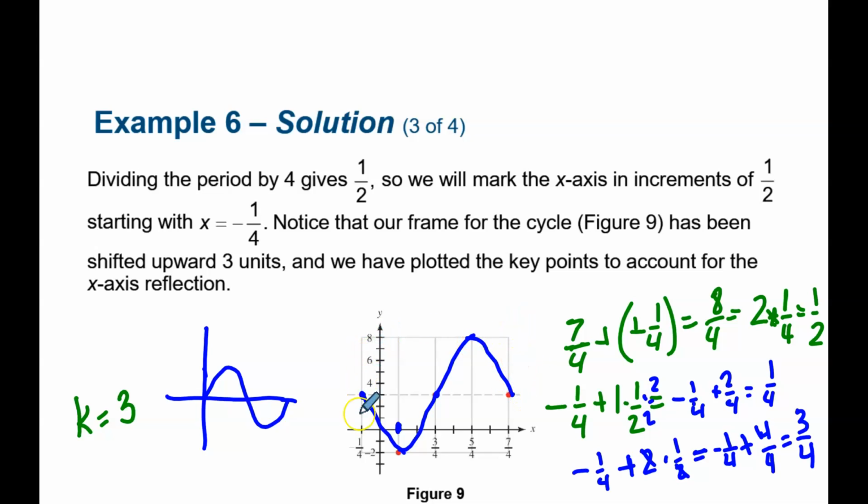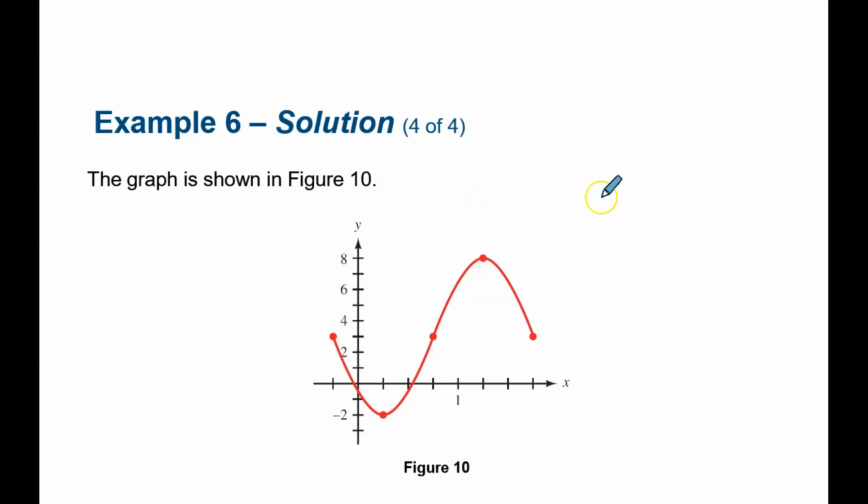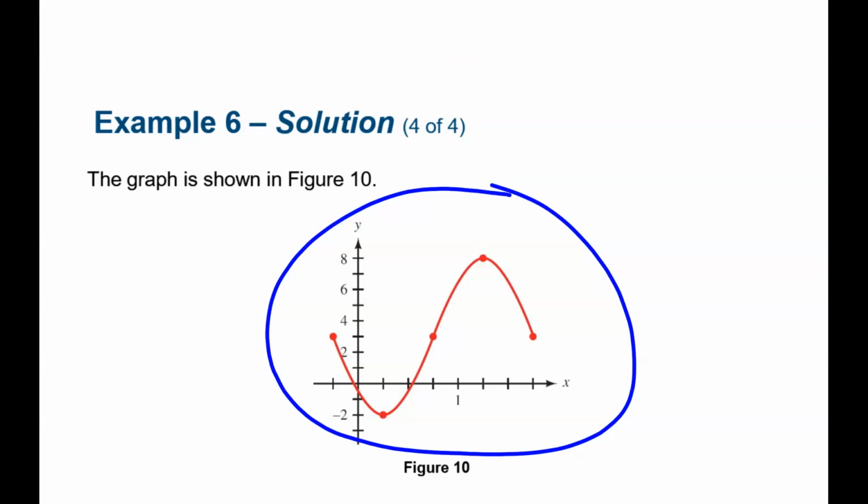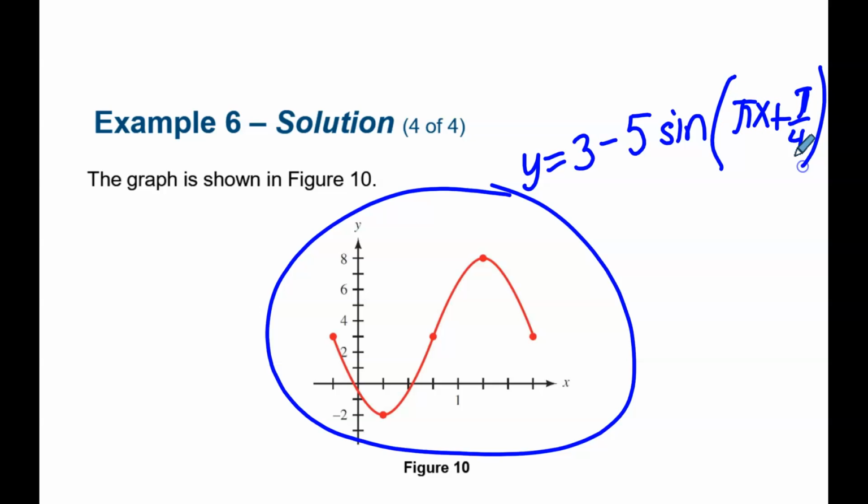I'm staying within the frame. Did you notice that? Here is the frame that we built to draw the graph, and we're staying within it. If we need to continue the graph, then we can continue it. And here's our complete graph of y equals 3 minus 5 sine of pi x plus pi over 4.